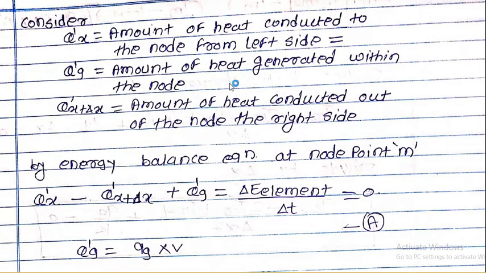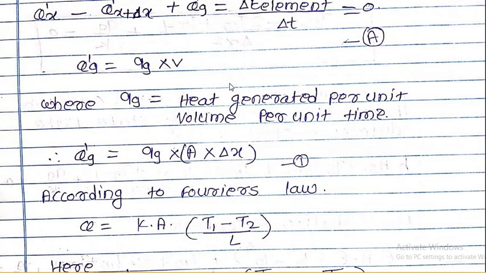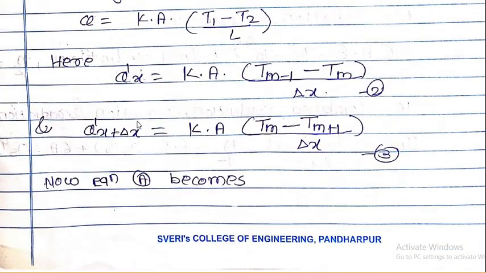So the heat transfer by conduction, the Fourier equation for q dash x plus delta x, becomes k multiplied by A into bracket T suffix M minus T suffix M plus 1, whole divided by thickness delta x.